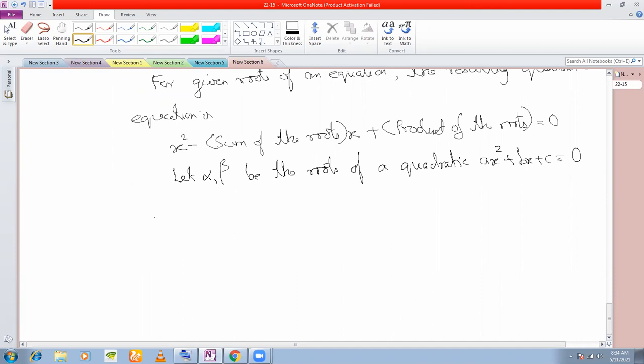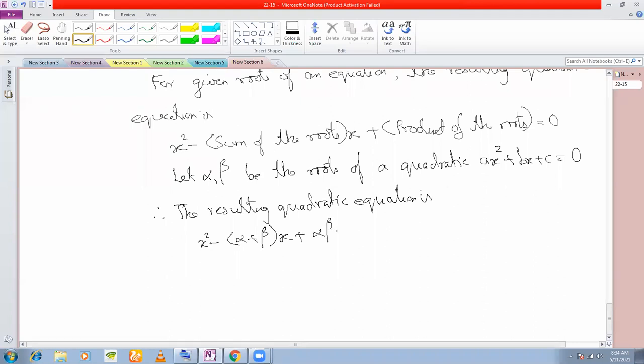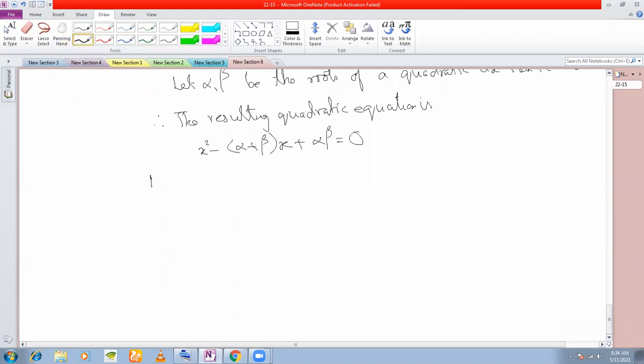Okay, so therefore, the resulting quadratic equation will be x square minus sum of the roots, which is alpha plus beta, x plus product of the roots, which is alpha beta. Okay, let us take a small example.